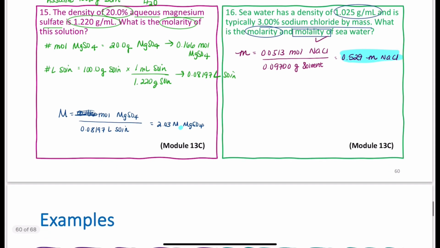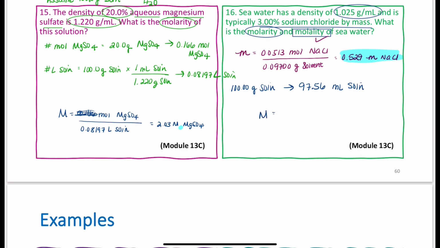So I have a 100-gram solution. I'm going to convert with density. 1 mL divided by 1.025 grams of solution gives me 97.56 milliliters of solution. So again, for sig fig purposes, I used 100.00 here, but my density had 4 sig figs, which limited my final answer to 4 sig figs.